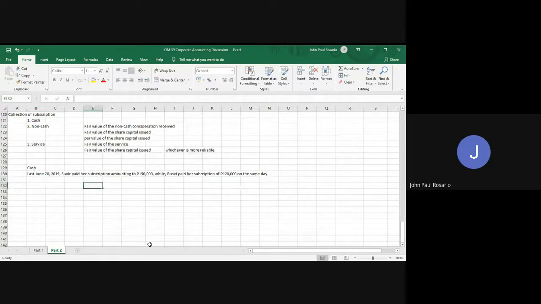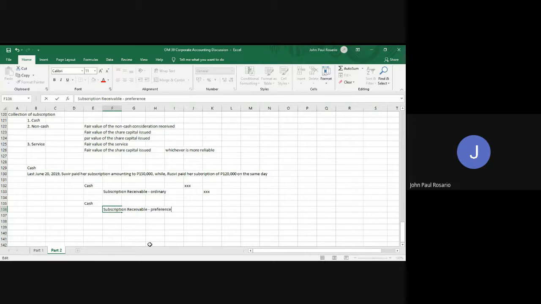kay cash man itong gamitin no, so cash and then credit to yung taog subscription receivable. Okay? Para sa kato atong na-receive kang Suvir or atong napuan subscription receivable at tama no. Ordinary, and then this is preference.